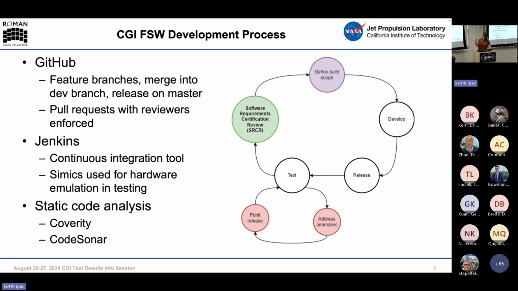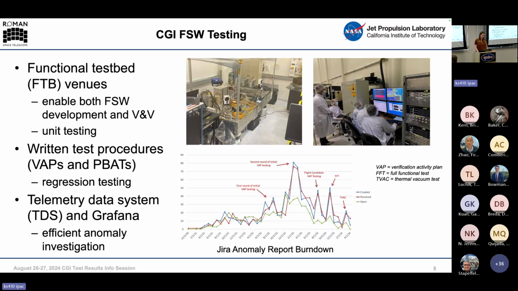The test bed team would run their testing and find anomalies. We would address them as a team and decide if it required a flight software update. If it did, we would do a point release of flight software and continue in this cycle until we were satisfied, at which point we would go to software requirement certification review, or SRCR. This is when the project would get together. We would show our test results, show our code, and we'd all agree that it looked good and we were good to release. So that's how flight software development went on a day-to-day basis.